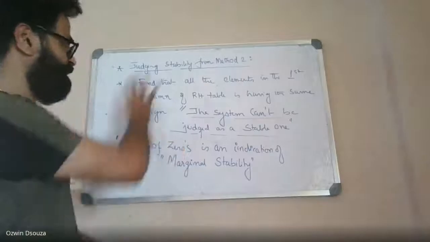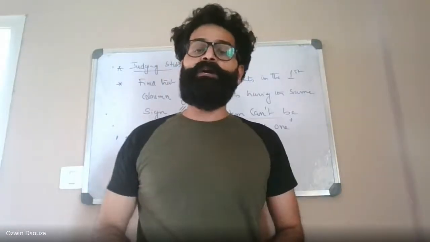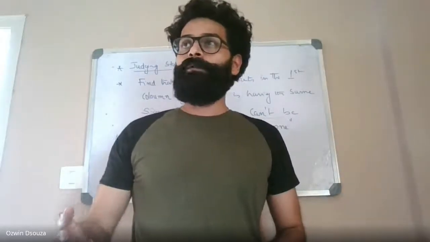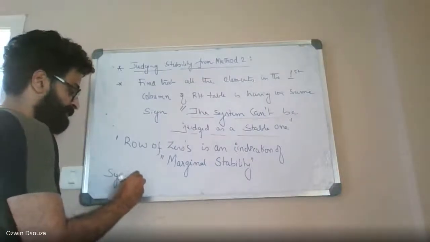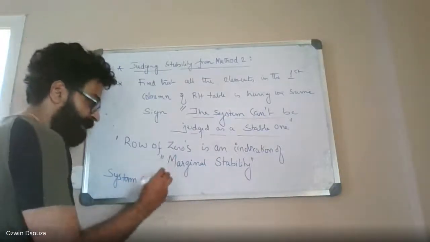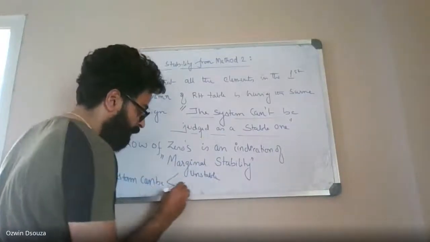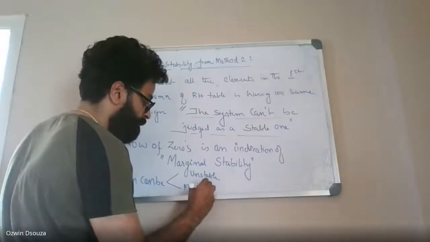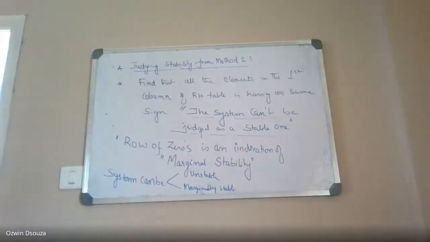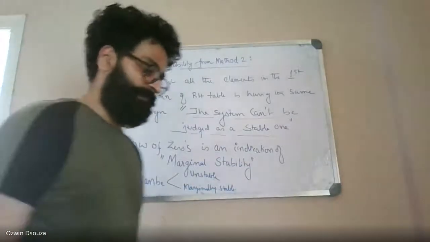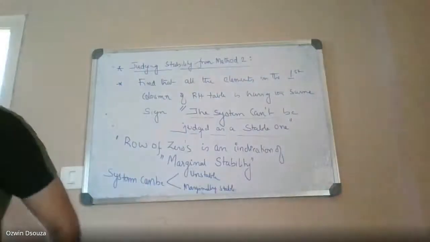So that is the stability judgment you can give whenever you encounter the row of zeros difficulty. The system can be either unstable or marginally stable. There is no question of a stable system, which can be validated using experimental results.